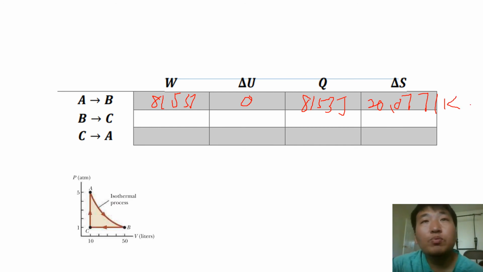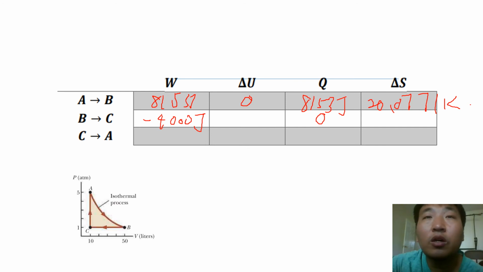And in the B to C process, because there's no heat exchange, the Q is equal to 0. Because Q is equal to 0, W and delta U are opposite, or we can say that W equals negative delta U, and W equals P delta V. The final volume is lower than the initial volume, which leads to the work done being negative 4,000 as in the previous calculation.